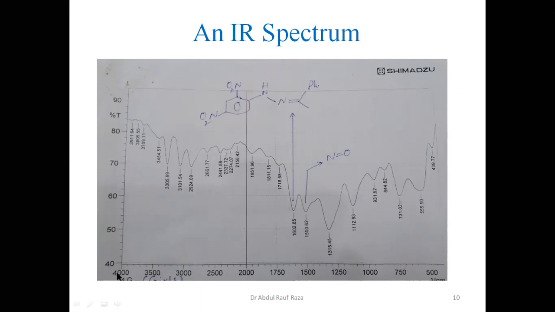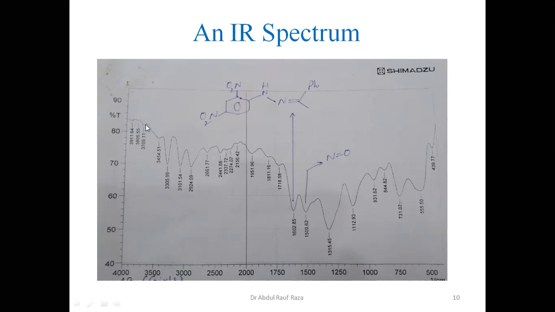Second, look along the y-axis. We are taking percent transmittance. 90% transmittance means 10% absorbance. You see, there is no absorbance in that range. Absorbance we are obtaining at this place. This is almost 85% transmittance, meaning 15% absorbance.